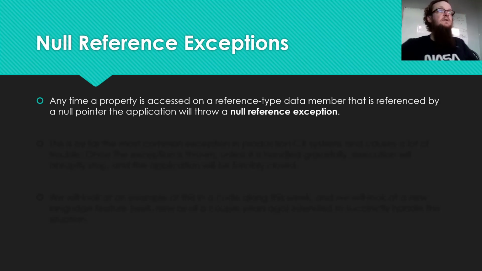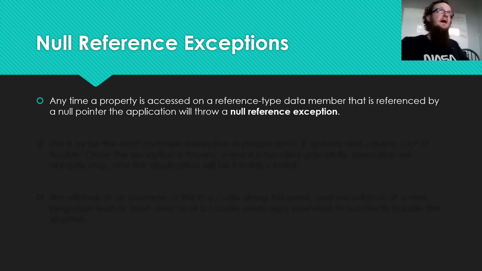An example of this would be if I have a student class and I wanted to specify an assignment on that student, maybe the best assignment that student has ever turned in the course. If I don't set the assignment property of the student to a default assignment in the default constructor of the student, it will be a null pointer.